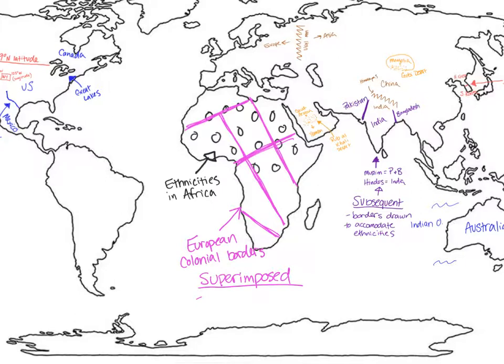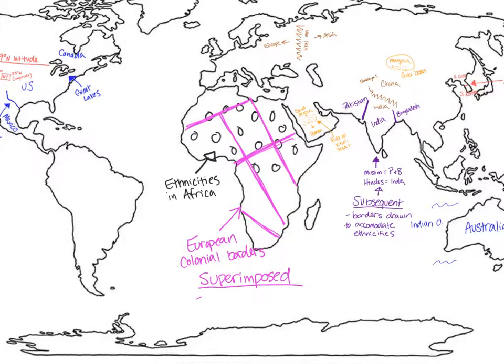So before the Europeans got there, the African tribes had already grouped up with their own tribes, and then the Europeans went in there and just drew these lines right over. They didn't pay any attention, or did they care? They did not even care about which groups were where. So they could have drawn their line smack dab in the middle of a tribal group, and they did not care.